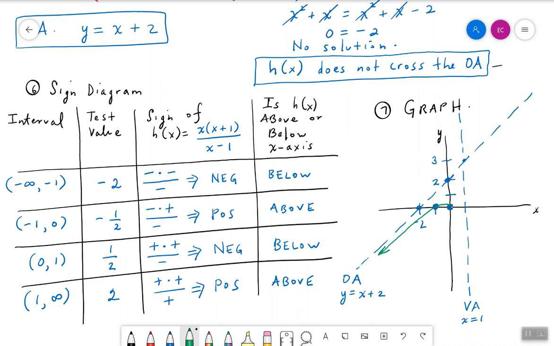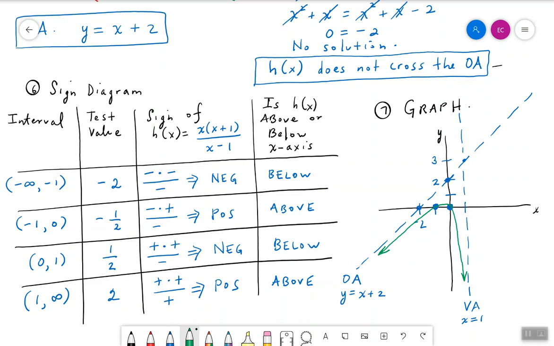That's good enough. And then from 0 to 1, I'm back below the x-axis, and of course I'm approaching the vertical asymptote, so I must be shooting down, pointing down just to the left of the vertical asymptote.